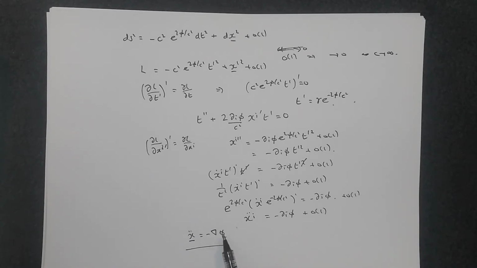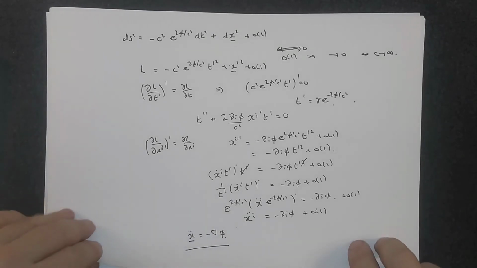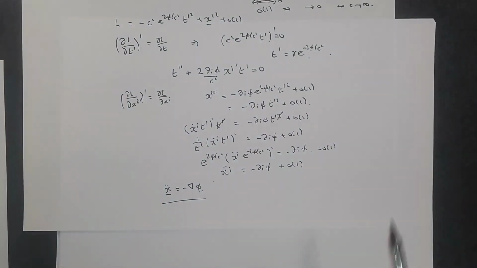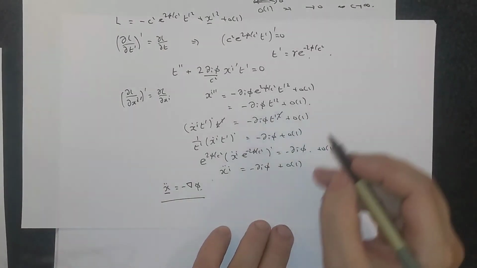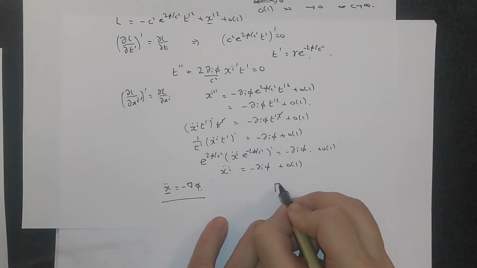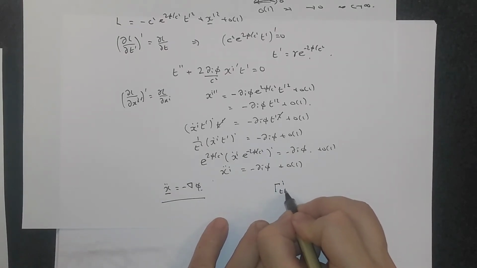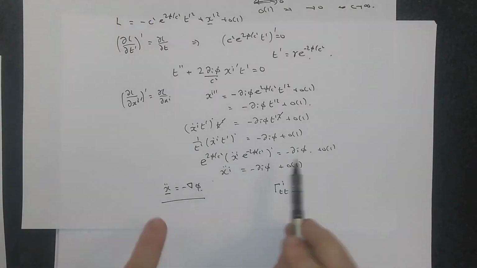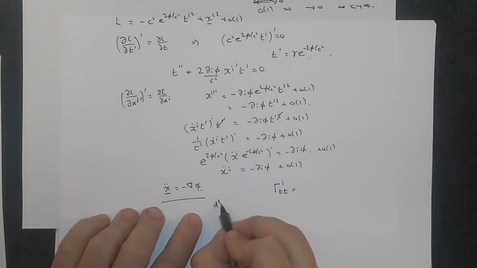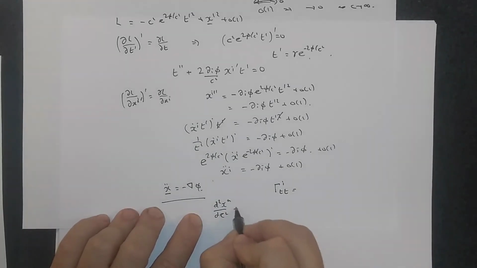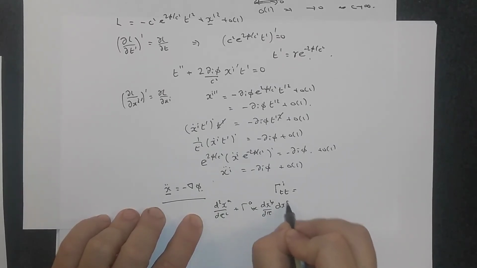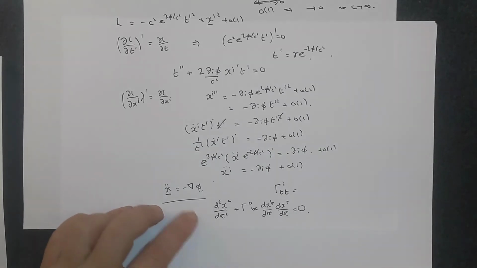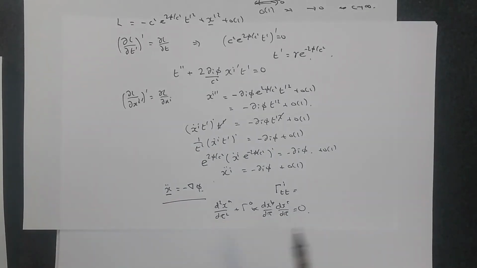Next we want to work out what phi is from the Einstein equations. From these equations that we have here, notice that we're comparing these equations with d2x^a by d tau squared plus Gamma^a_bc dx^b by d tau, dx^c by d tau is 0, the geodesic equation.